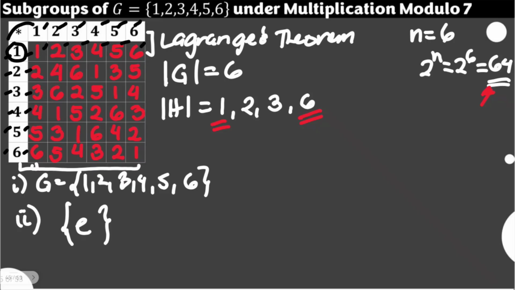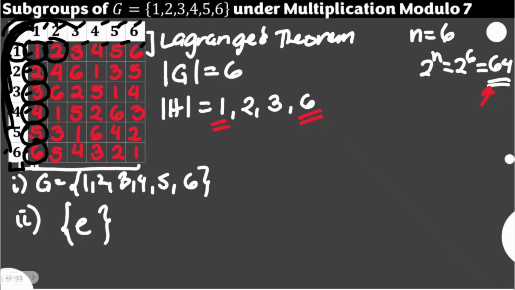We have here 1 star 1 is 1, 2 star 1 is 2, 3 star 1 is 3, 4 star 1 is 4, 5 star 1 is 5, 6 star 1 is 6. All of these, when operated with 1, will not change their value. Similarly, 1 star 1 is 1, 1 star 2 is 2, 1 star 3 is 3, 1 star 4 is 4, 1 star 5 is 5, 1 star 6 is also 6.